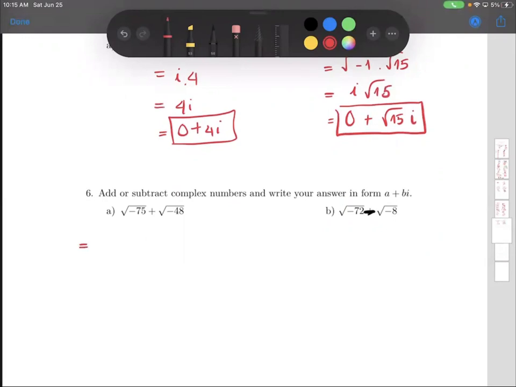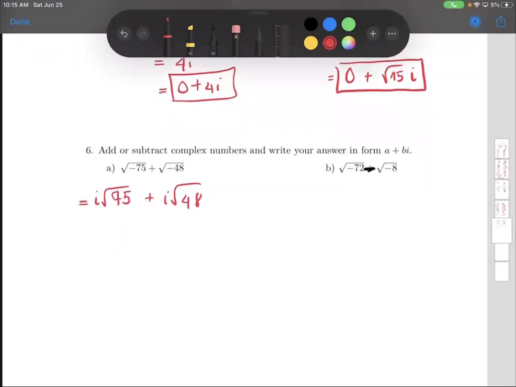So first of all, it is square root of 75 and then i, because we factor out the negative 1. And then i square root of 48. You need to break up the square root of 75.